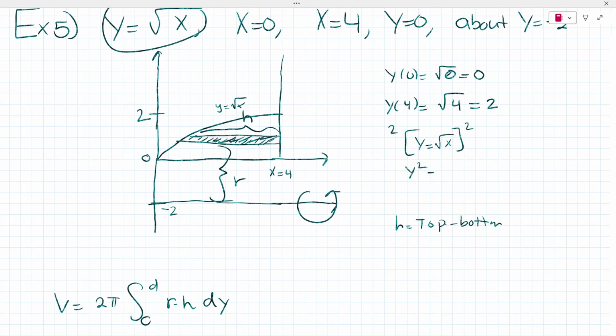This gives y squared equals x. So what would be my top? I believe our top will be x equals 4. The top is the 4 minus the square root, which in terms of y would be y squared. So that will be our height.